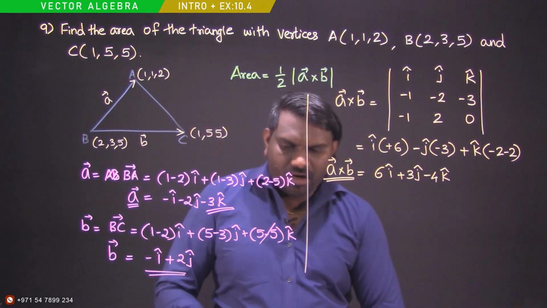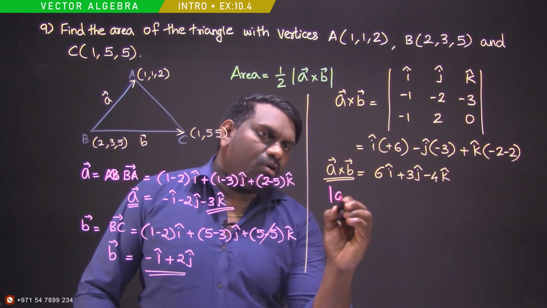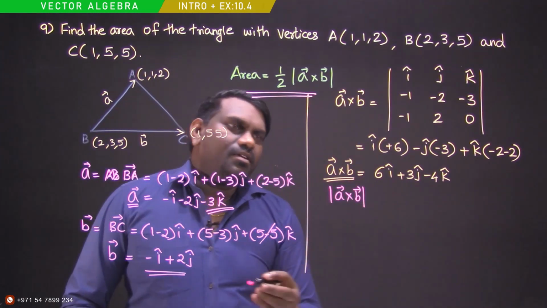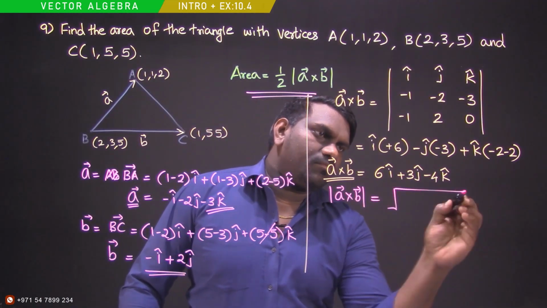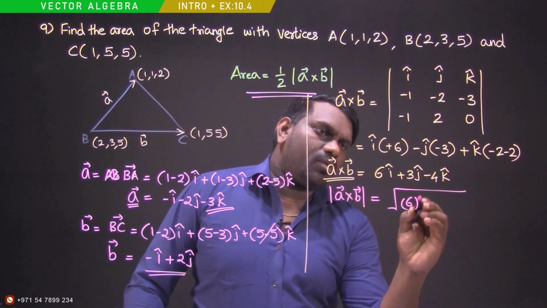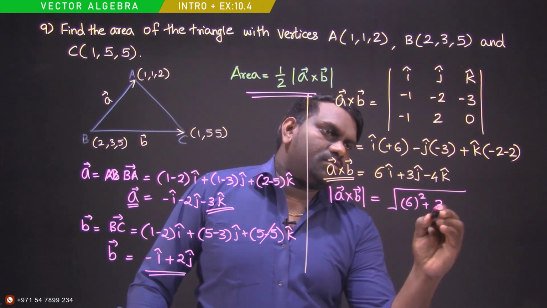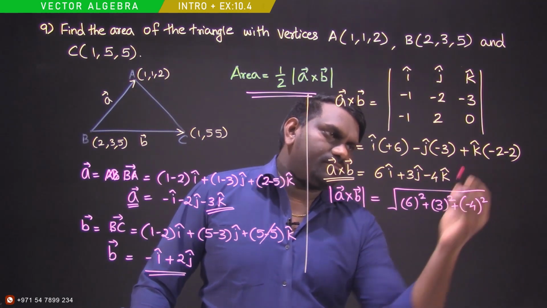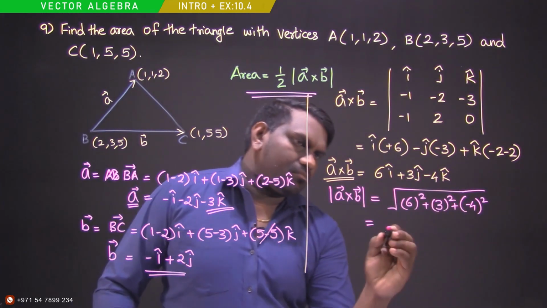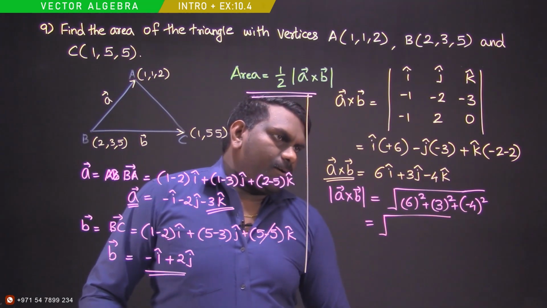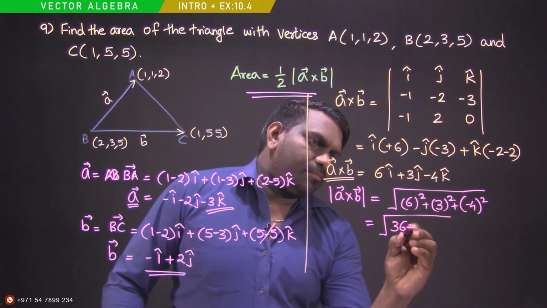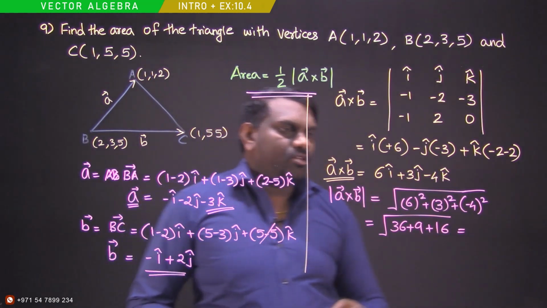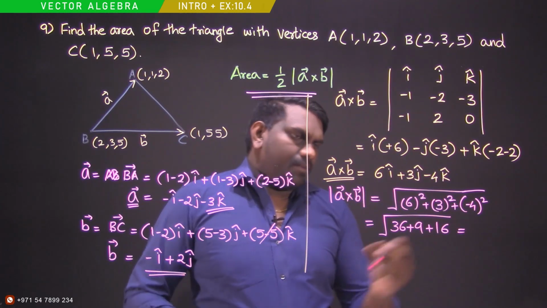And what do I need to find now? Now you need to find the modulus of A cross B. Why? Because this is the formula. A cross B modulus is root of 6 square plus 3 square plus minus 4 square, that's equal to 36 plus 9 plus 16. That is going to be 25. Yeah, 25.